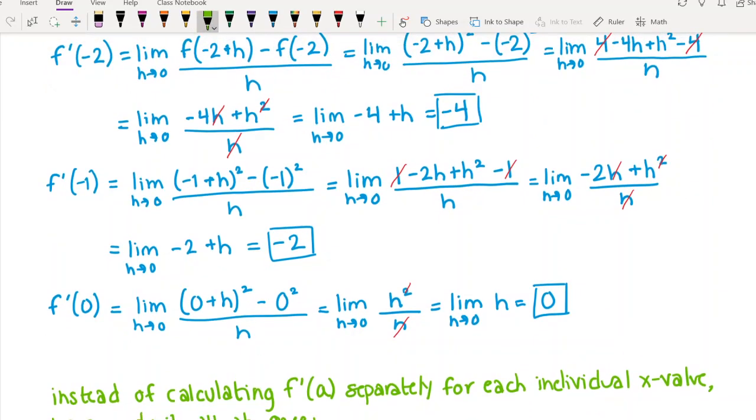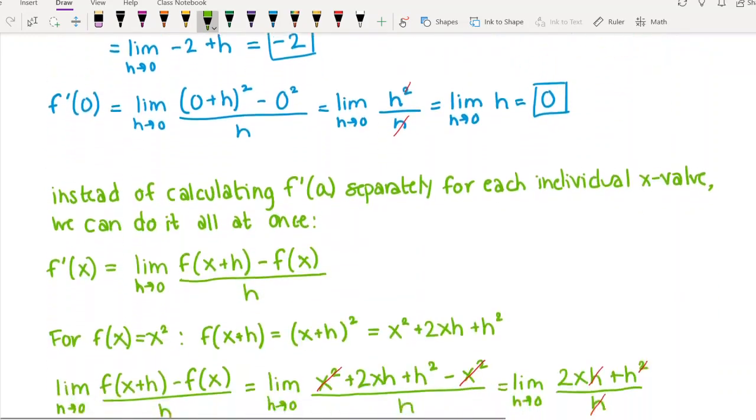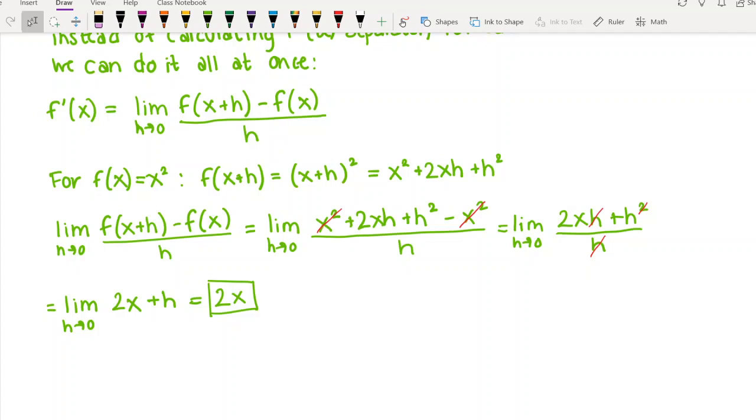And the only difference is that now what we came up with is a general formula that will tell us the slope of the tangent line at any x value. So rather than doing all of those separate things, you can just do this once. And once you do it once, now you can plug x values in to find the slope at that particular x value.